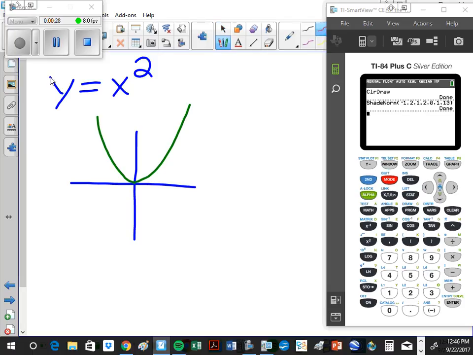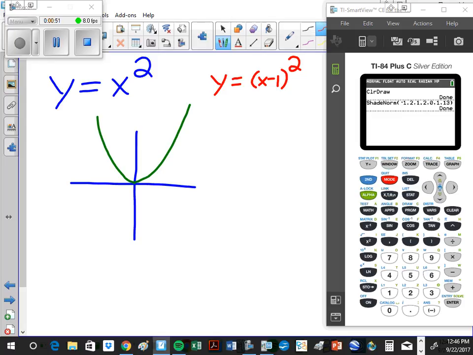If I had y equals x minus 1 squared, what would that parabola look like? So, does that 1 affect the x or the y? It's on the inside, so it affects the x. And x's are the left-right movements, right? The x-axis.